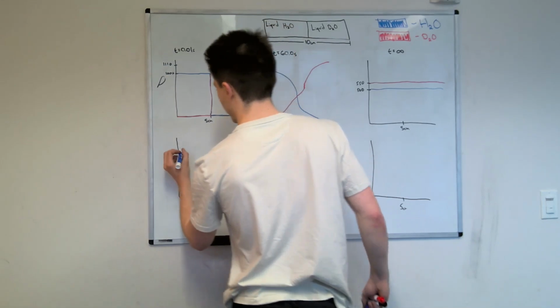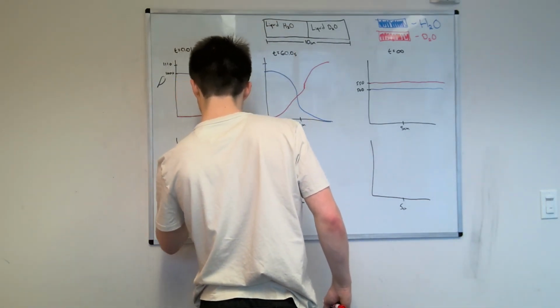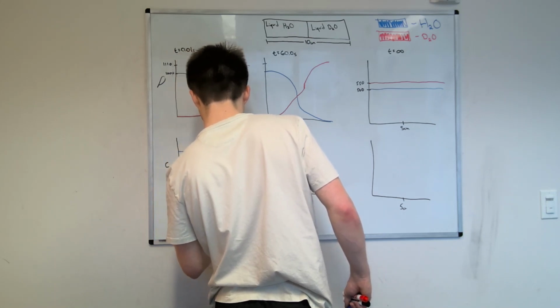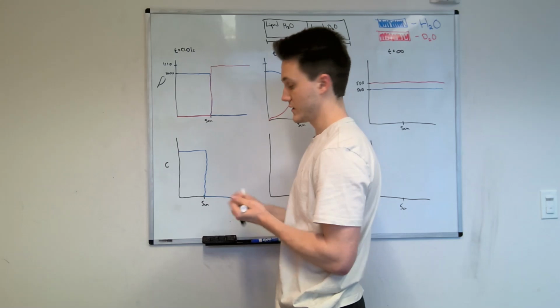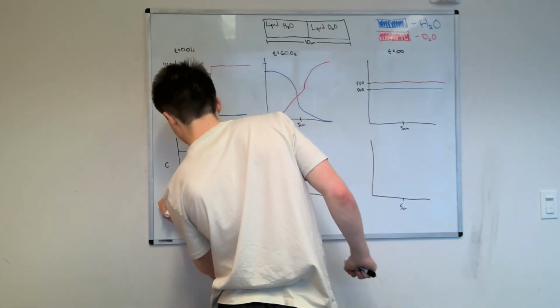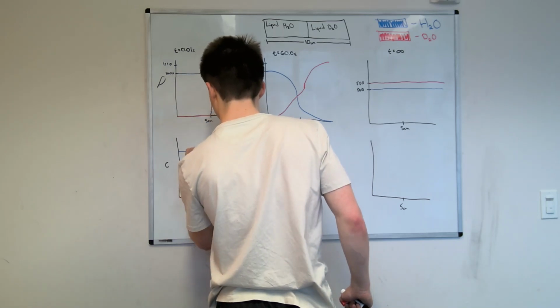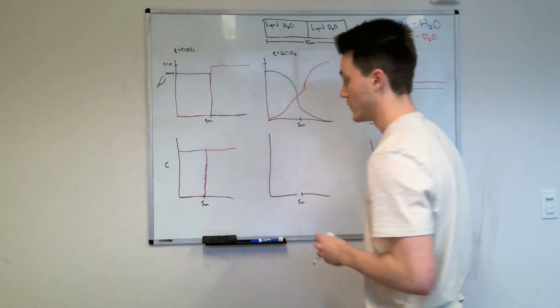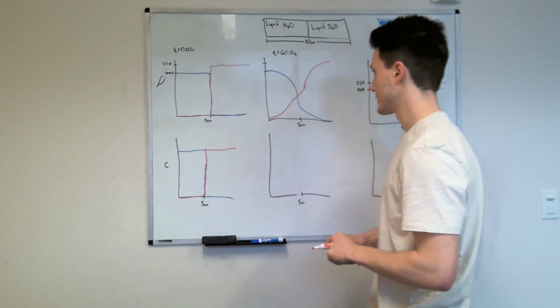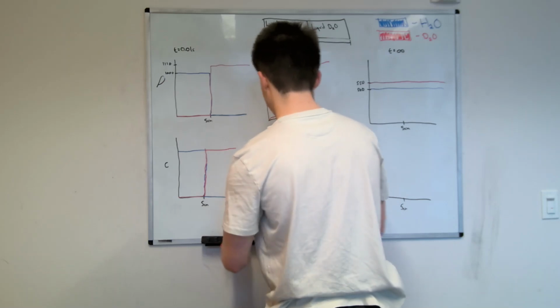So these two graphs are going to look almost the same, except the starting points are equal now for H2O and D2O, since their molar concentrations are equal to one another.